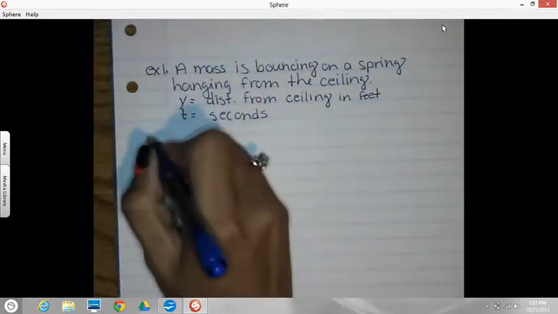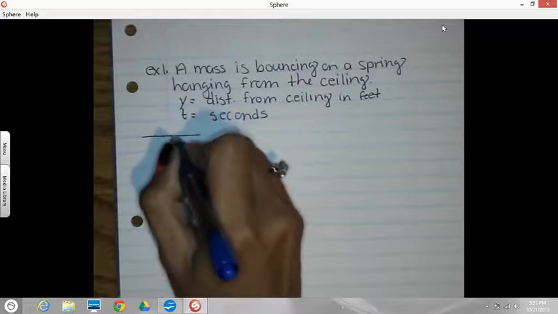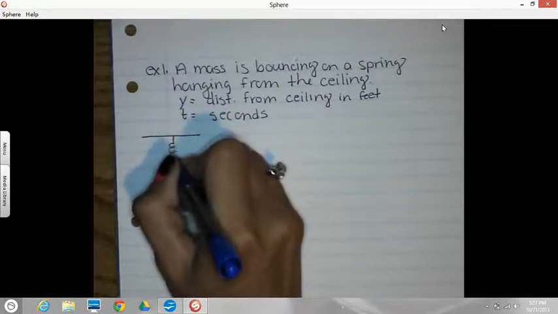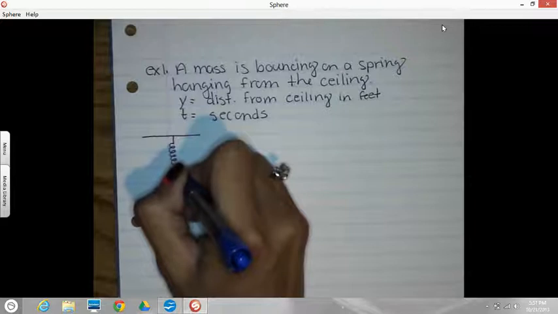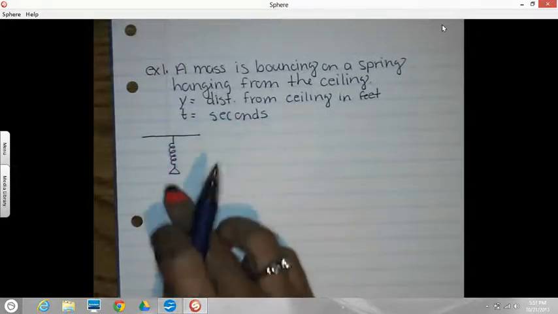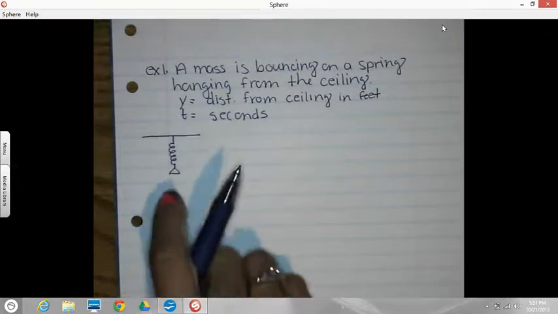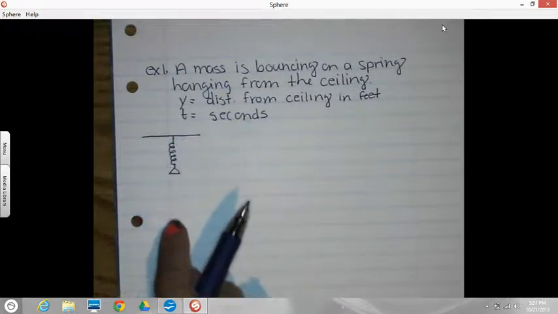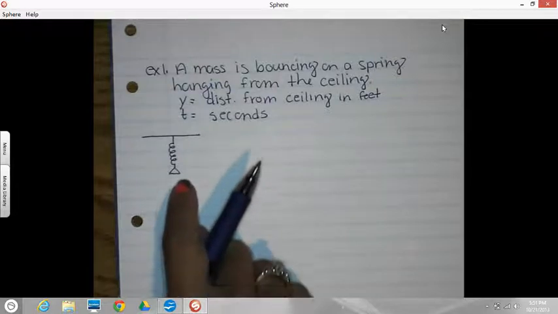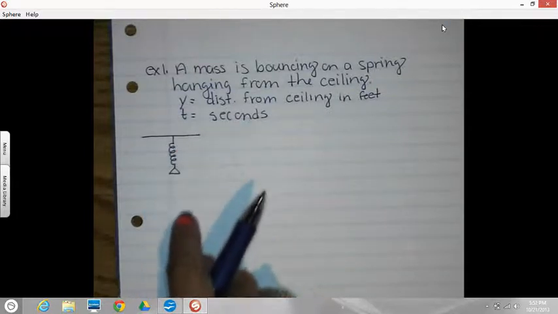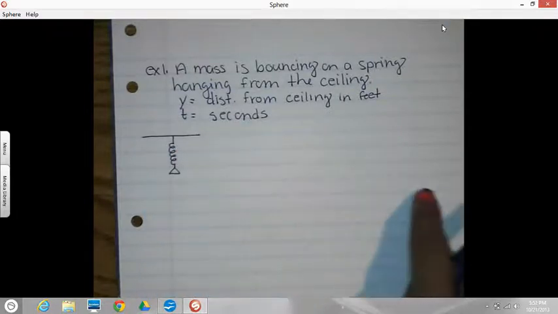So if you think about it, you got this ceiling, you've got a spring, and you got this weight, that mass on the bottom, and as you pull that and you let it go, it's going to bounce up and down, and that distance from the ceiling gets bigger as it goes down, and it gets smaller as it goes up because it's getting closer. So it's going to make that nice cosine graph.